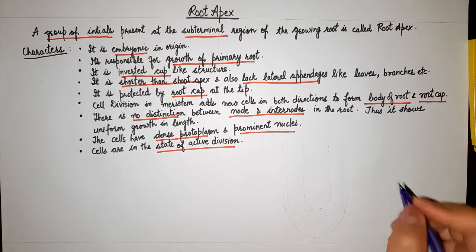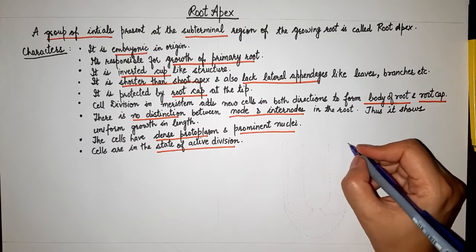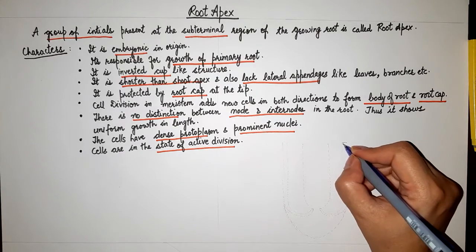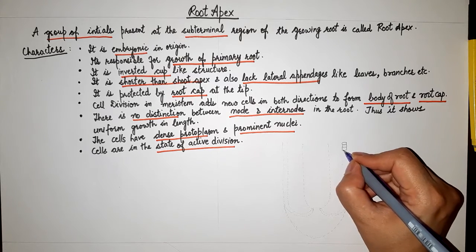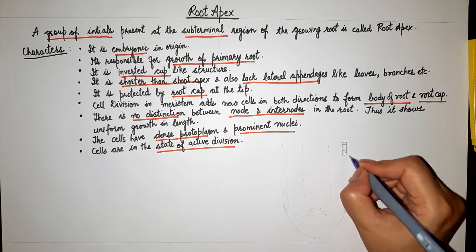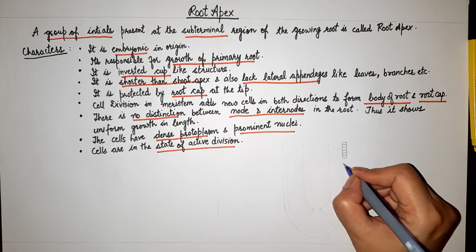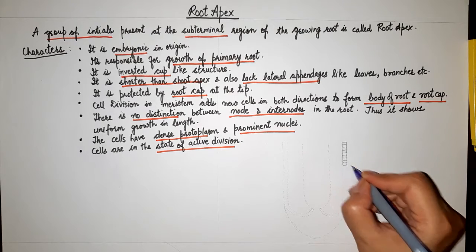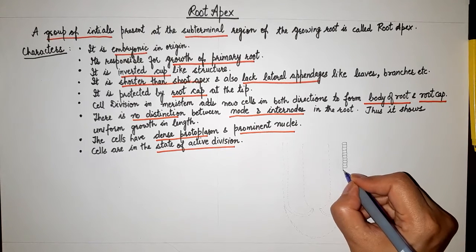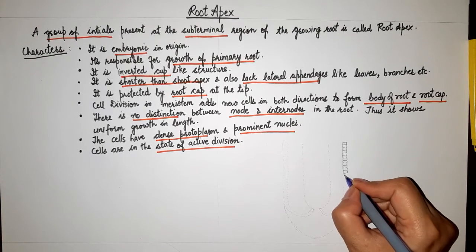Fine. So now we are going to draw cells in this. So initially we are starting with dermatogen. The cells are rectangular, broader, and without any kind of spaces.